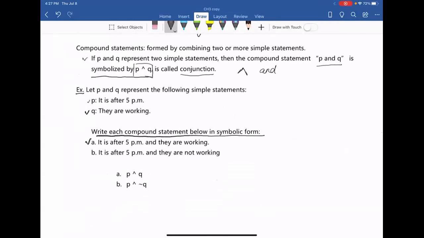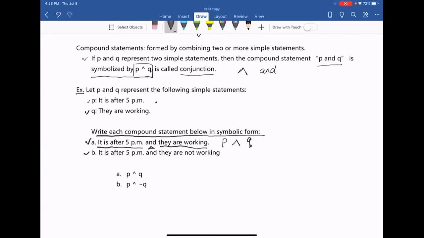So when I see this, I use P and Q to represent these sentences. "It is after 5 p.m." is P. I use my symbol ∧ to represent "and". "They are working" is Q. So this compound statement is P ∧ Q.